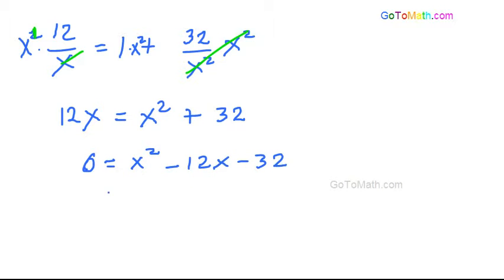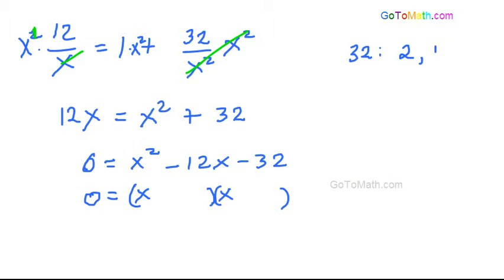Alright? And now, of course, what we're going to do is factor this thing. Hope it factors. Sure, it probably does. So we'll want to factor. 32 is the number we're looking at, and let's look at some numbers that go into 32. We've got 8 and 4, 2 and 16.